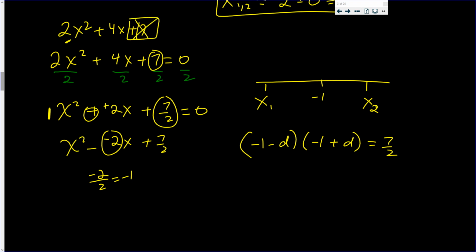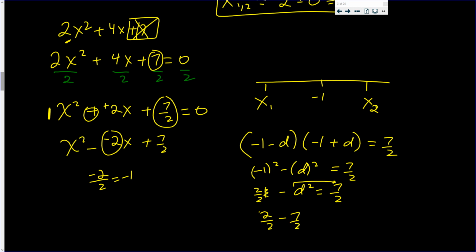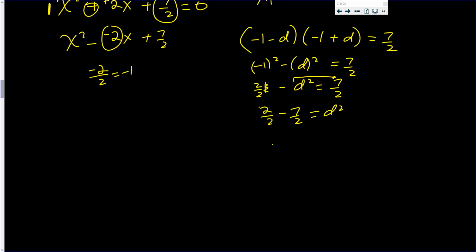Okay, so you get negative 1 squared minus d squared equals 7 over 2. So 1 minus d squared is 7 over 2. You can think of the 1 as 2 over 2. Interchange those two values. You get 2 over 2 minus 7 over 2 is d squared. 2 minus 7 is negative 5 over 2 equals d squared.